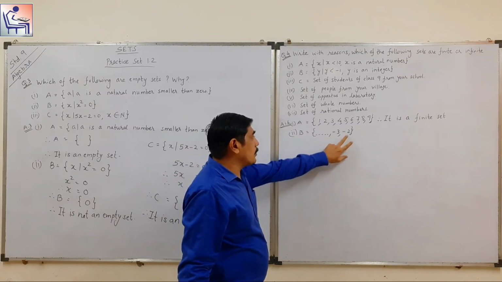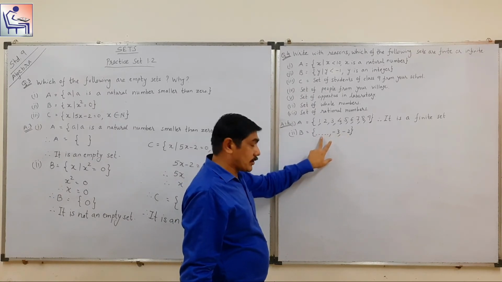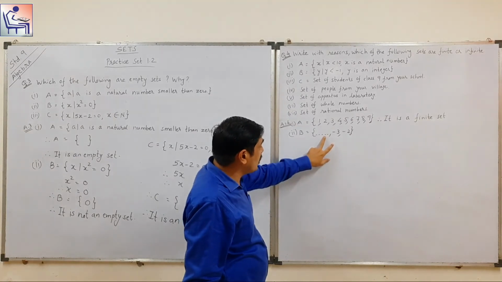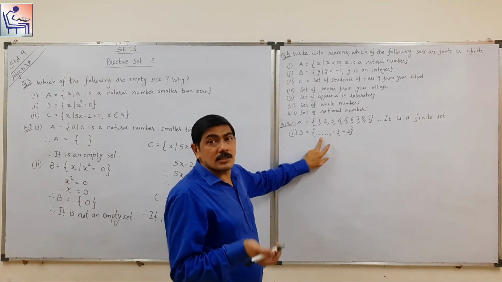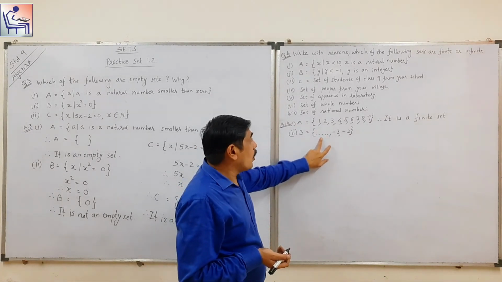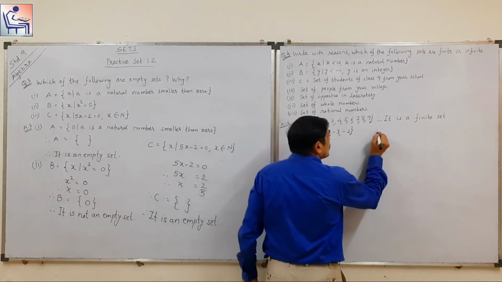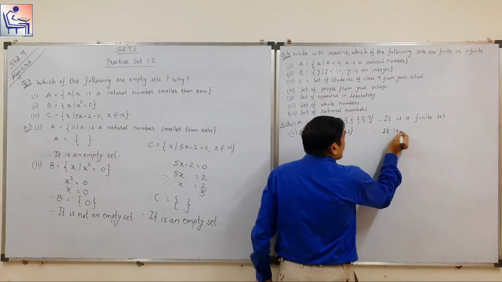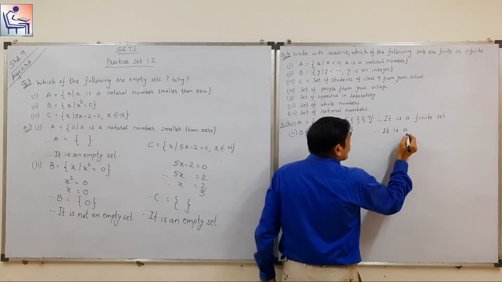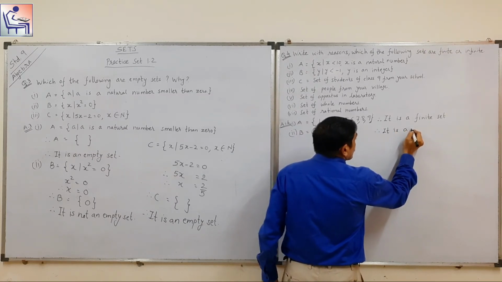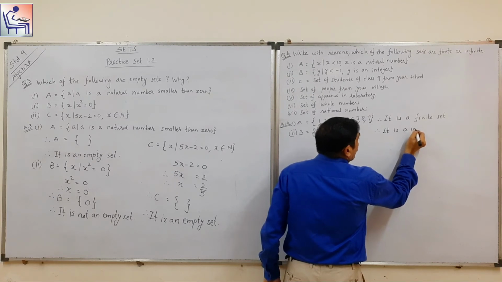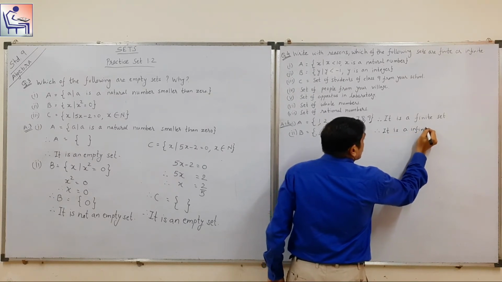So all negative numbers before -1 are included, and on one side there are unlimited, uncountable elements. So we say that it is an infinite set.